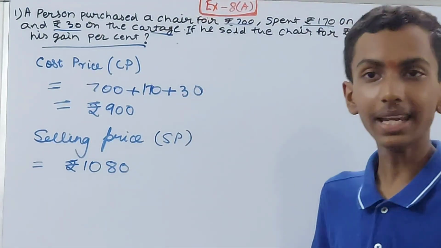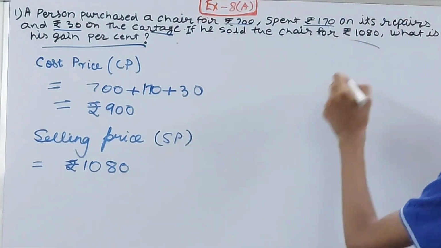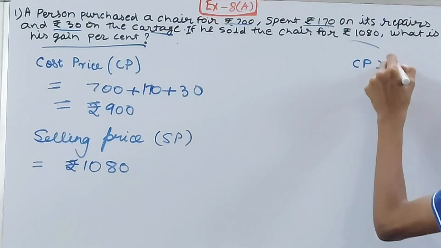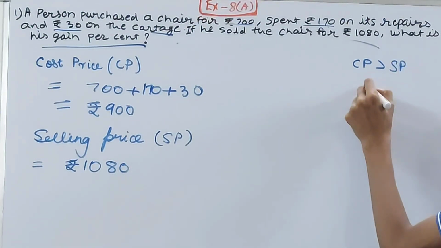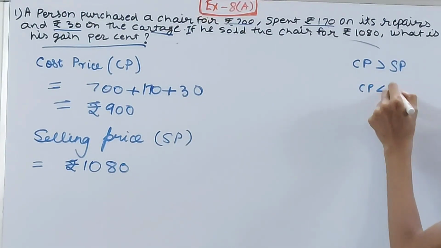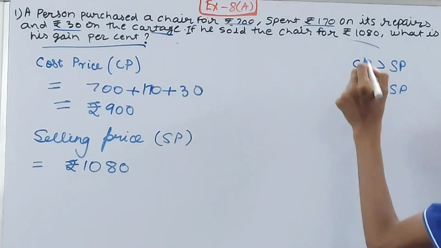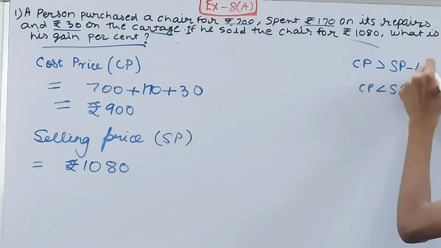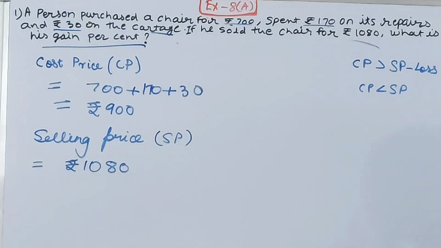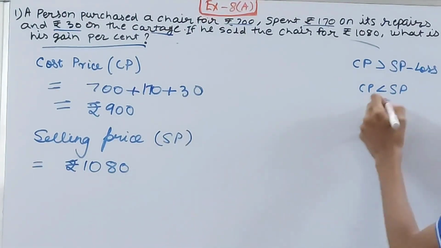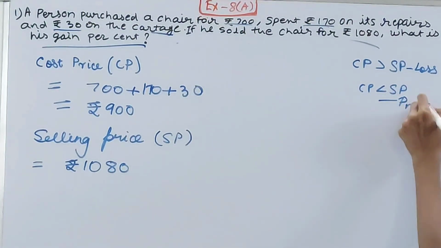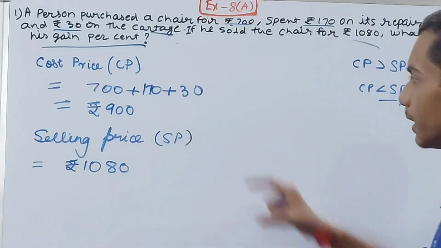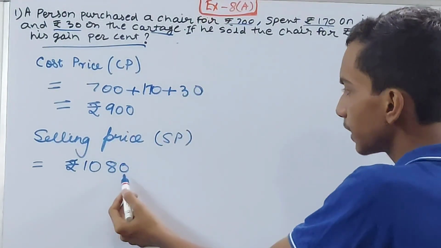Now there can be two scenarios. One scenario is that the cost price is greater than the selling price. The other is that the cost price is less than the selling price. When cost price is more than selling price, there is always loss. When selling price is more than cost price, there is always profit. So you can write down and see which is greater. Cost price or selling price?